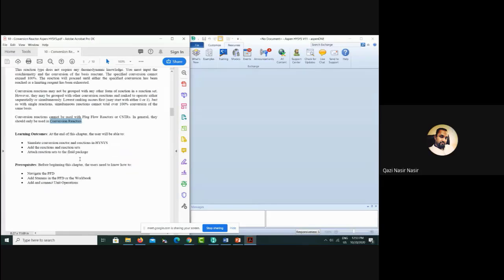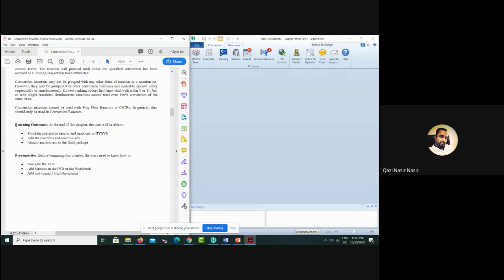Again, the learning outcome of this exercise is that you are able to simulate a conversion reactor in Aspen Hysys, and also add reactions and reaction sets. This is something that you are learning extra here. Normally, in previous cases, you select the components, you select the fluid package, then you jump straight to the simulation environment.